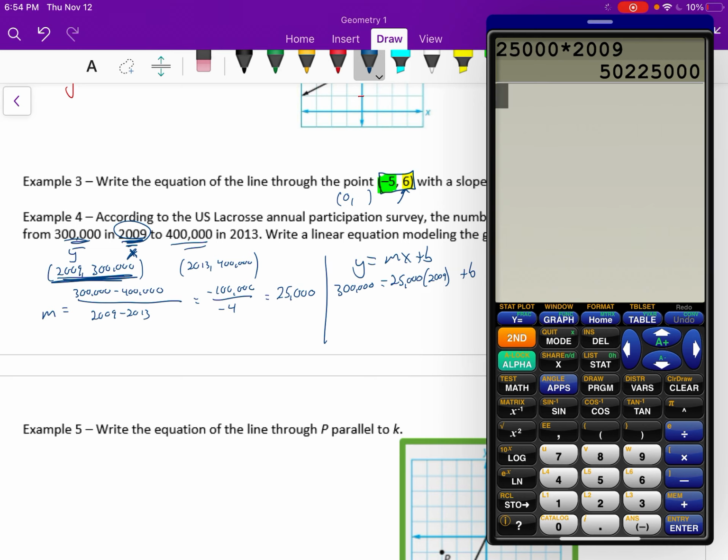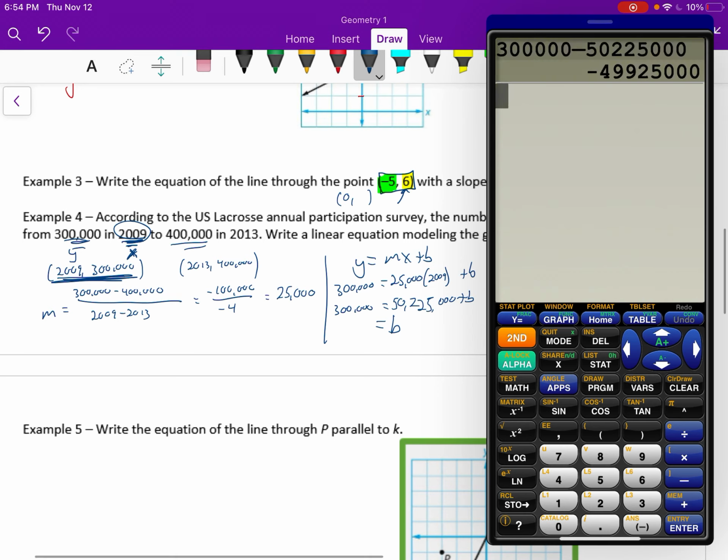It's quite a large number: 300,000 equals, looks like it's 50,225,000, plus b. We're going to subtract that from both sides, so b equals 300,000 minus 50,225,000.